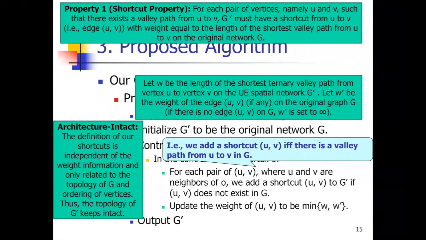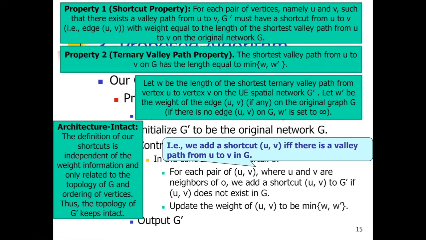Here, W is the length of the shortest ternary valid path from U to V on the UE spatial network G prime, and W prime is the weight of the edge UV on the original network G. If there is no such edge UV on G, W prime is set to infinity. And our oracle also satisfies the ternary valid path property: the shortest valid path from U to V on G has a length equal to the minimum of W and W prime.